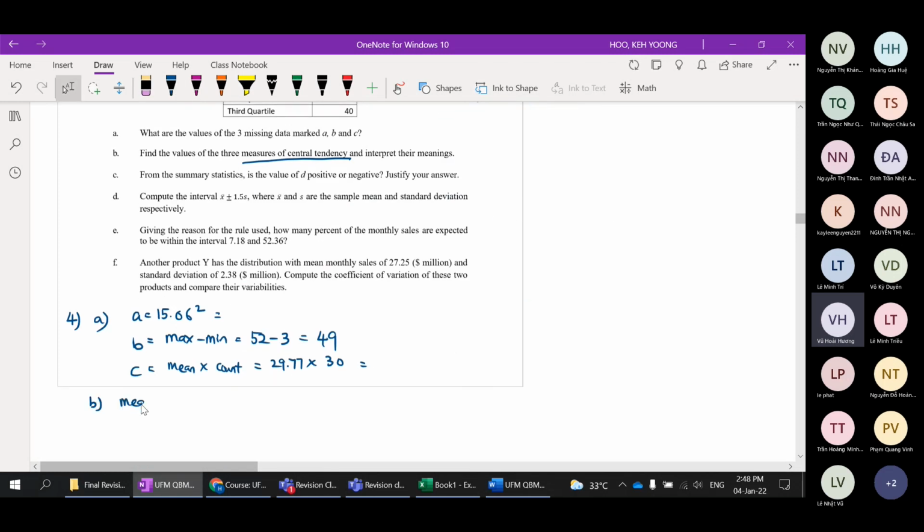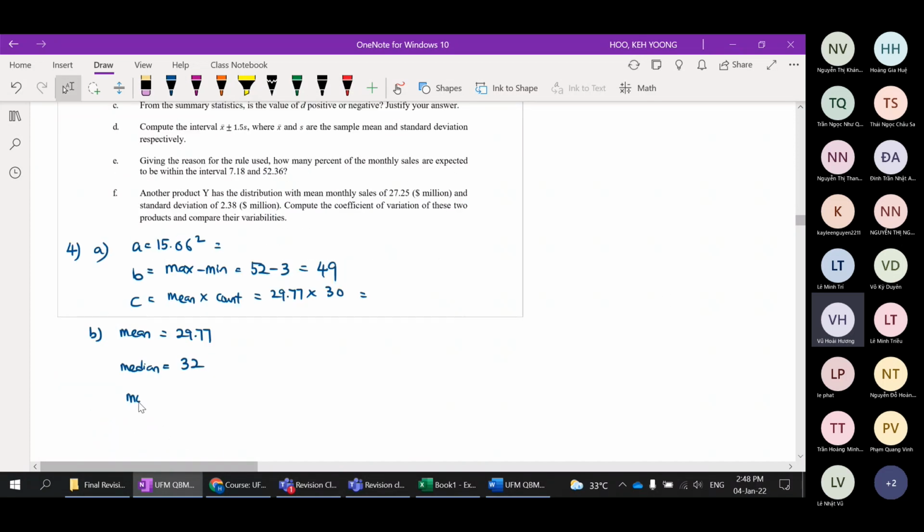So the mean is 29.77, median 32, and then the mode is 35.